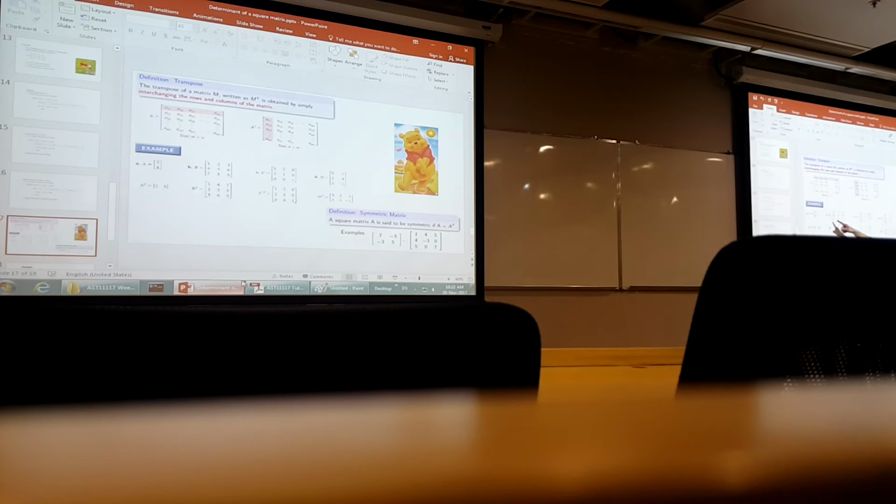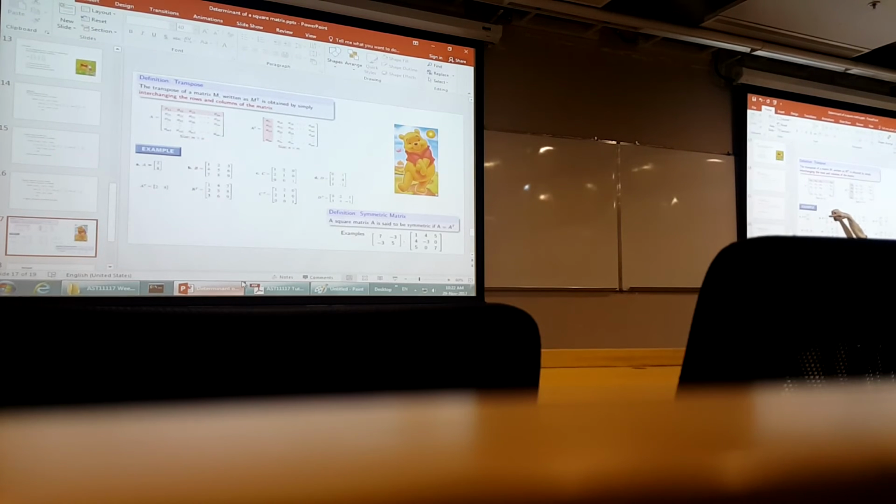Say in this example, it is just one column. Its transpose is putting this column into a row. So originally the column is 2x, now the row is 2x. Column into row.